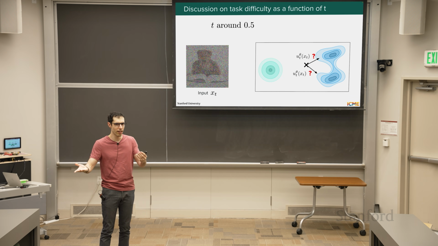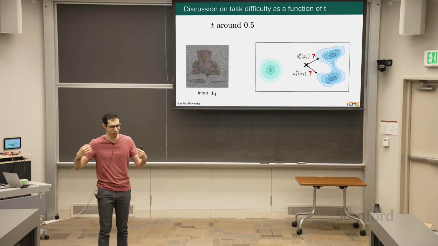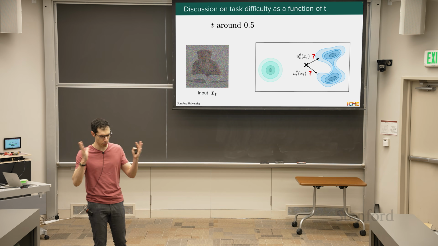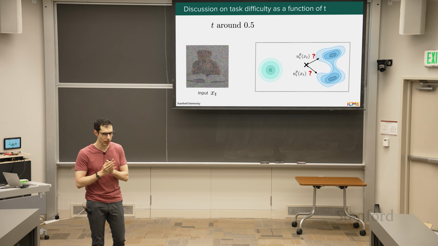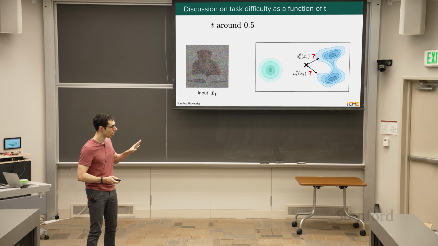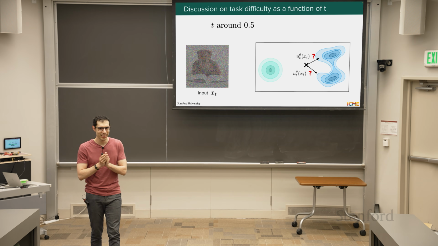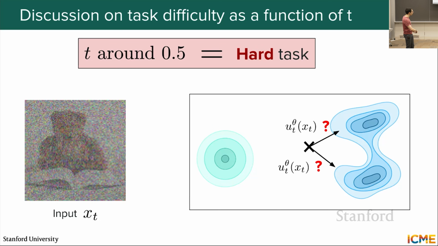You need to figure out what kind of texture you want your teddy bear to develop. You need to put the eyes. You need to put a bunch of things. And these are all hard decisions that you need to take at time steps that are typically in the middle. And for that reason, t equal to 0.5 is a hard task for the model.